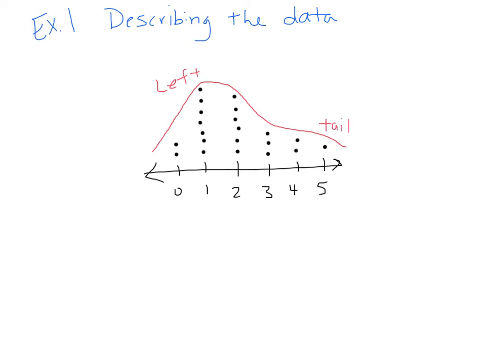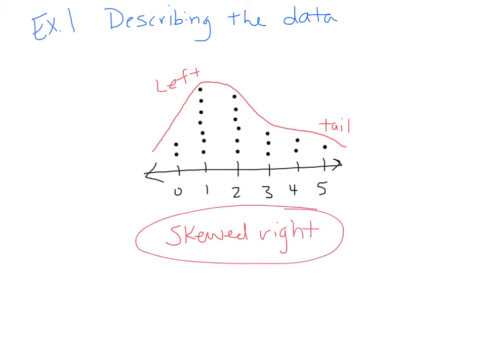So the distribution of the data is a skewed right distribution. If I were answering a question on a test or on homework, I would say that's a skewed right shape of distribution. You could just put skewed right, and that would be a correct answer.